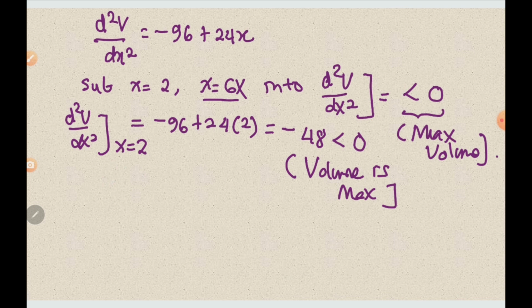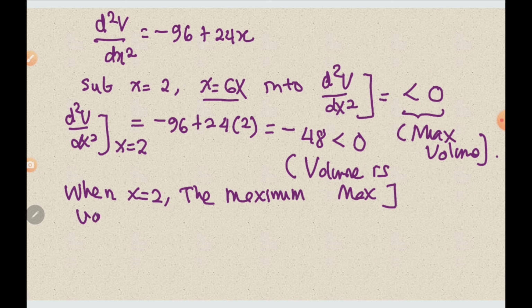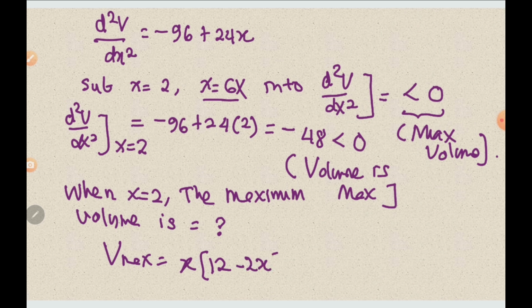So therefore the conclusion is, when x equals 2, the maximum volume is x multiplied by (12 minus 2x) squared.